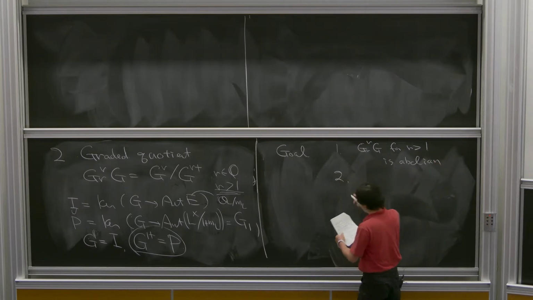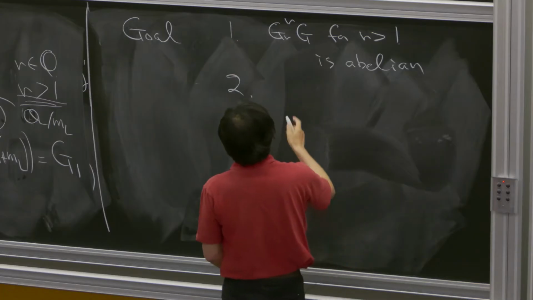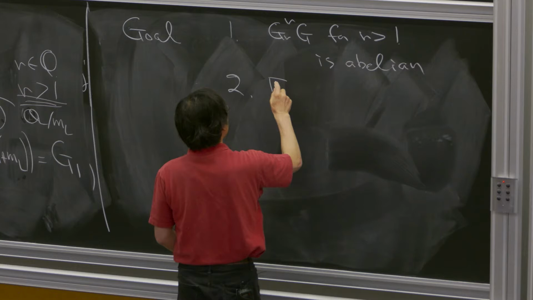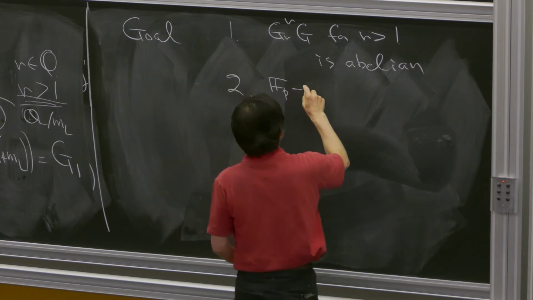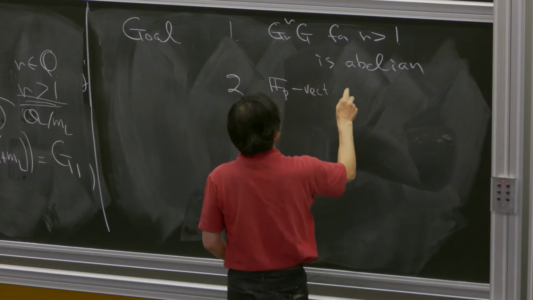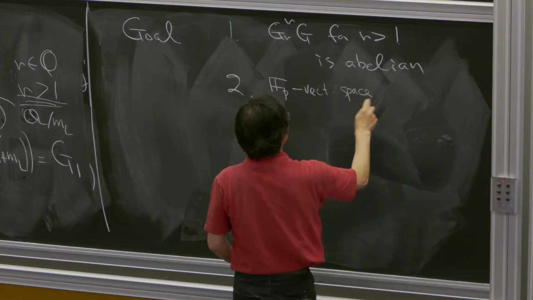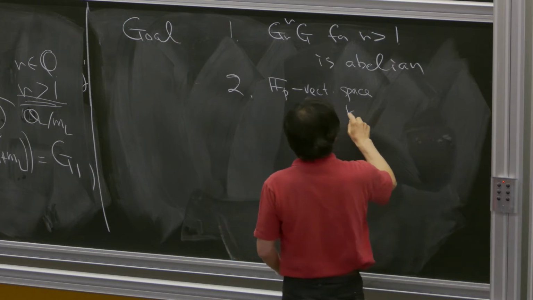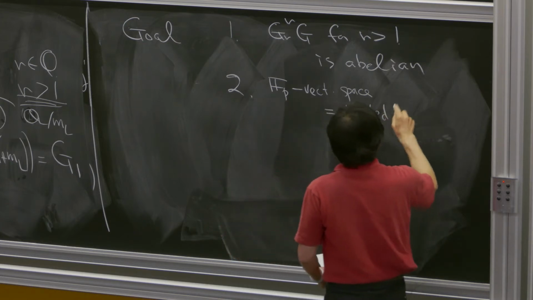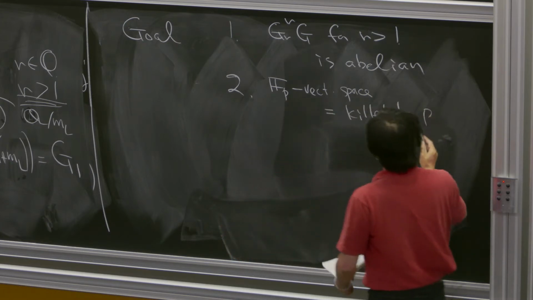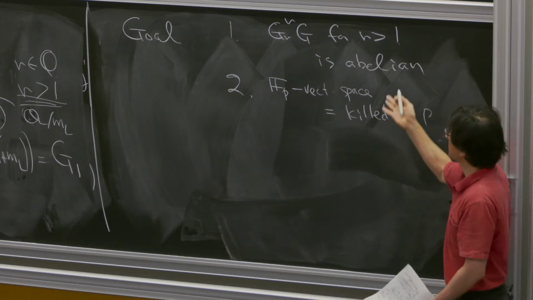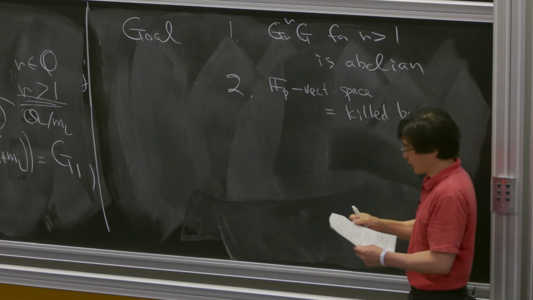And the second goal is that this is in fact an F_p vector space. In other words, this is killed by p. So we want to see that this is abelian and killed by p.